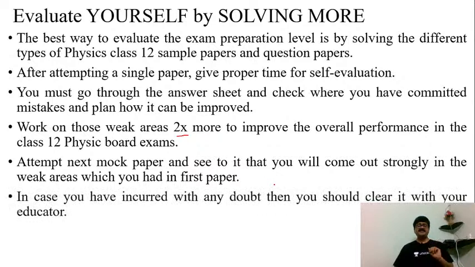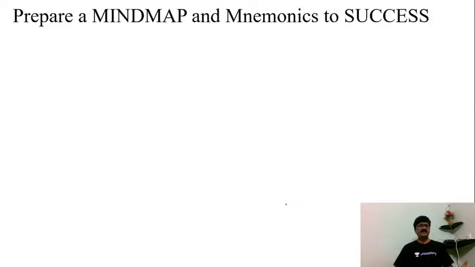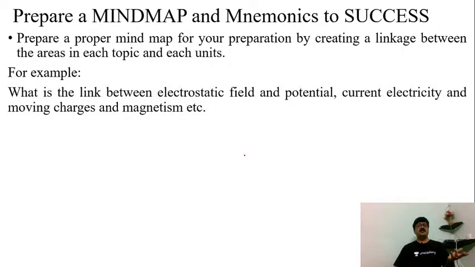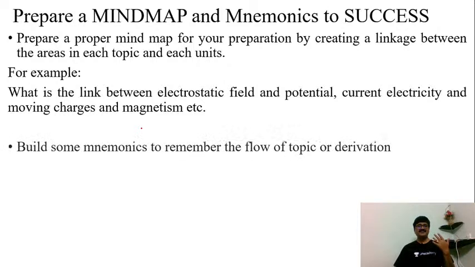In case you have any doubt, go ahead and clear your doubts with your educator, your teacher. Then prepare a mind map. Prepare a proper mind map, for example, what is the link between electrostatic field and potential, current electricity, and moving charges and magnetism chapter. You should understand that link. That is a mind map.